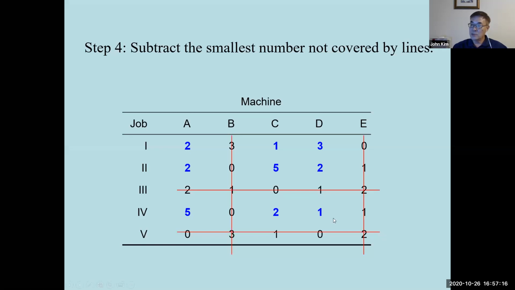So 1 is smallest. Subtract it from these numbers. So 2 minus 1 is 1, 2 minus 1 is 1, 5 minus 1 is 4, 0, 4, 1, 2, 1, 0. Change like this.